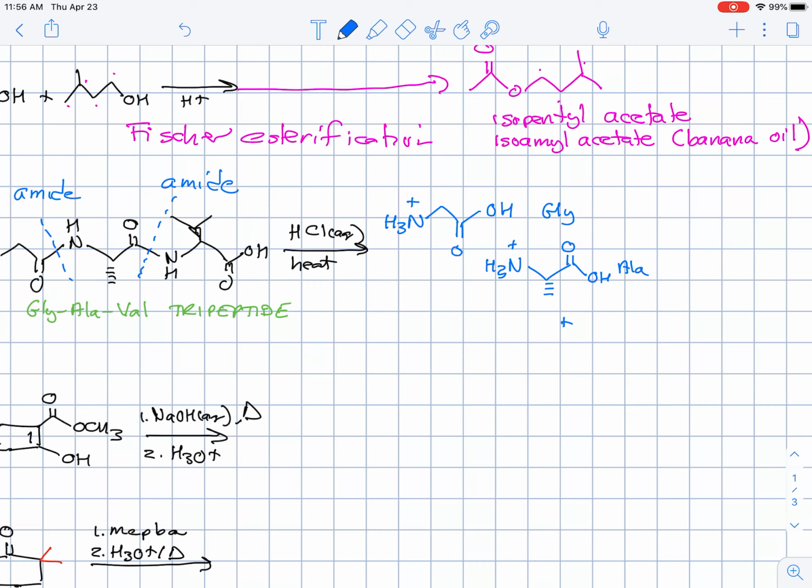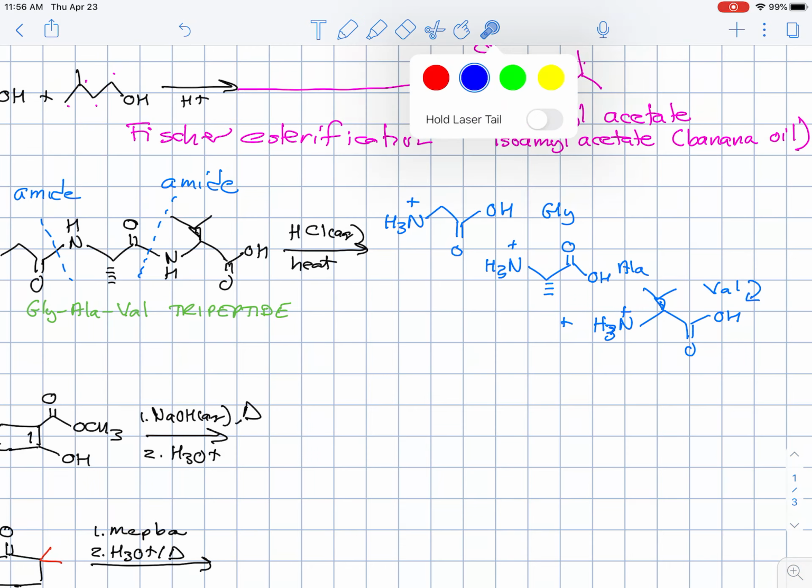And then the third one that we're going to get is this one, the valine, where the side chain is an isopropyl group, whereas in alanine the side chain is a methyl group, and in glycine the side chain is, well, hydrogen.